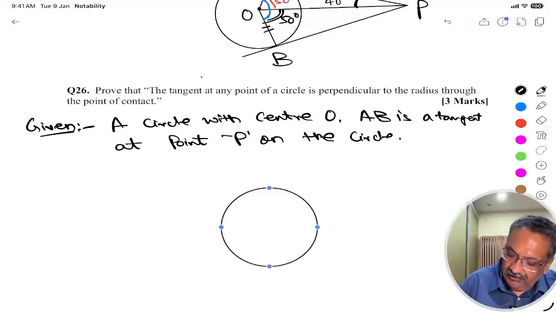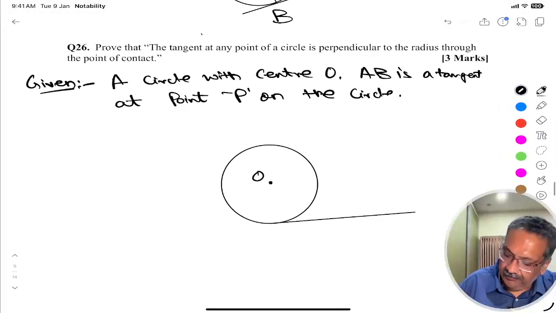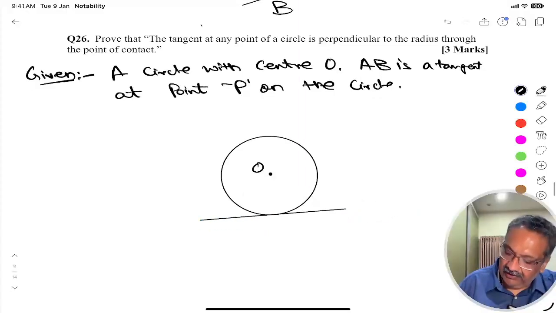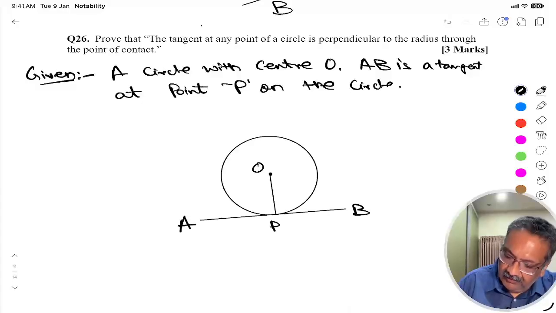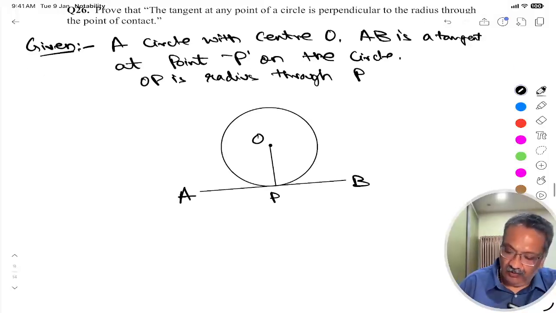We have one circle with center O. Now we have taken AB as a tangent with point of contact P. Now OP is the radius through the point P. Now what we have to prove?